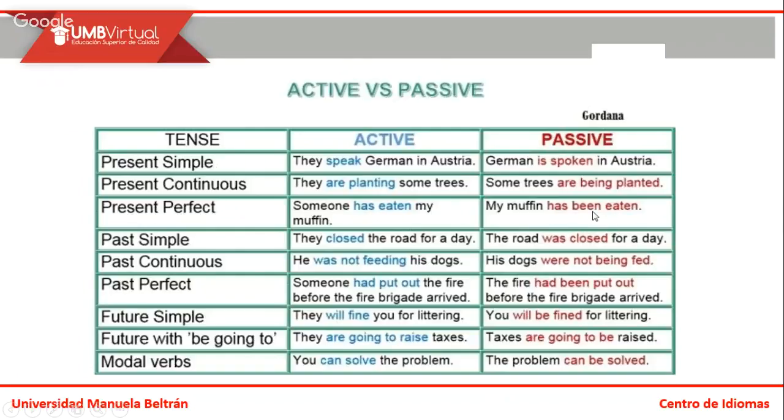¿Por qué lo tenemos que conjugar de esta manera? Porque siempre para formar la voz pasiva debemos hacer uso de este teniendo en cuenta el tiempo gramatical en el que se encuentra. Entonces, en la voz activa tenemos "has eaten", ese verbo en pasado participio. Asimismo, vamos a conjugar ese verbo ser o estar en pasado participio, que en este caso es "been", ¿ok?